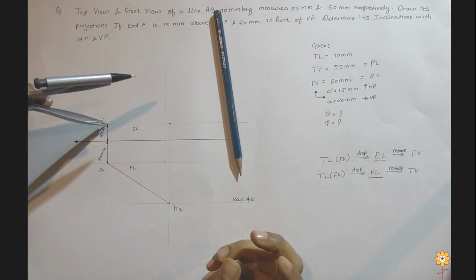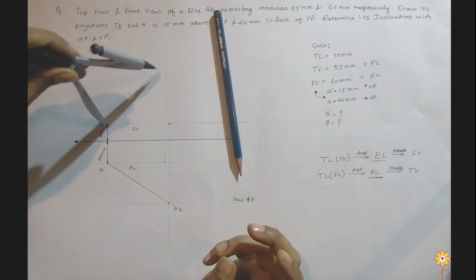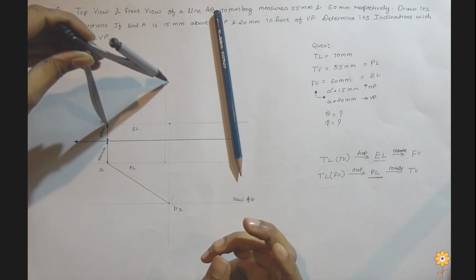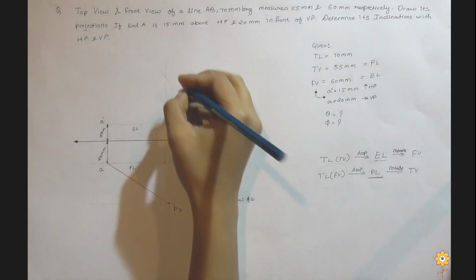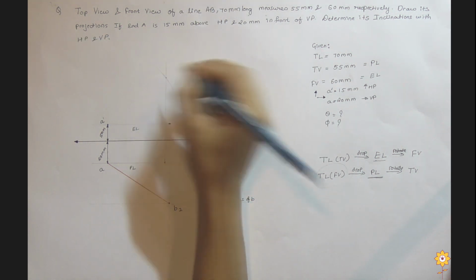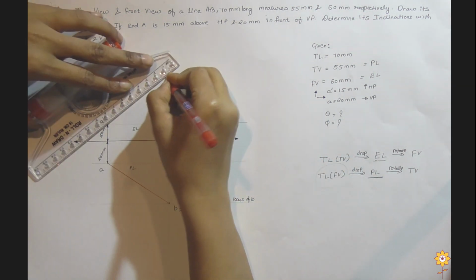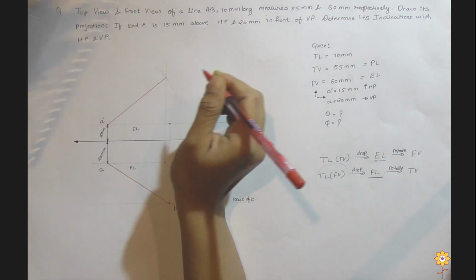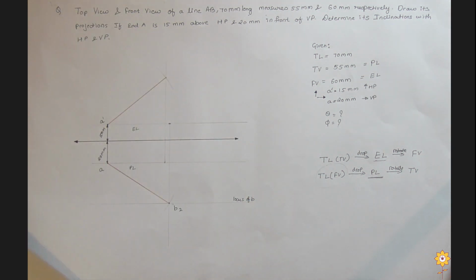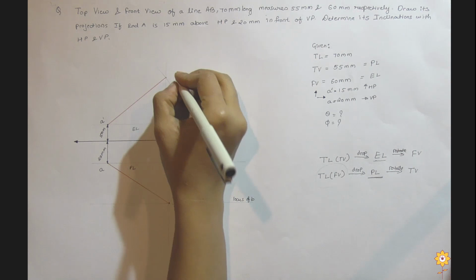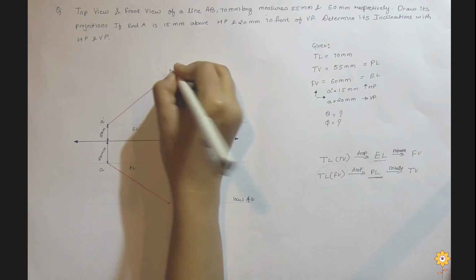Then, taking the same measurement of true length on my compass, I'll mark it on the line dropped from PL. So this is my point here. I'll join them to the front view, and this point should be my A dash B1 dash.